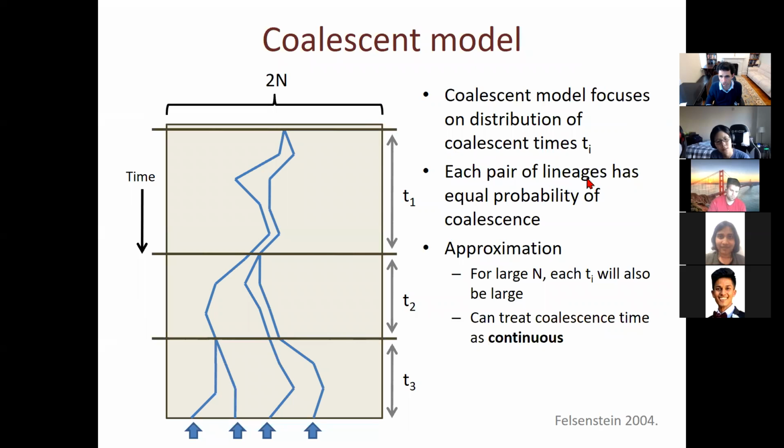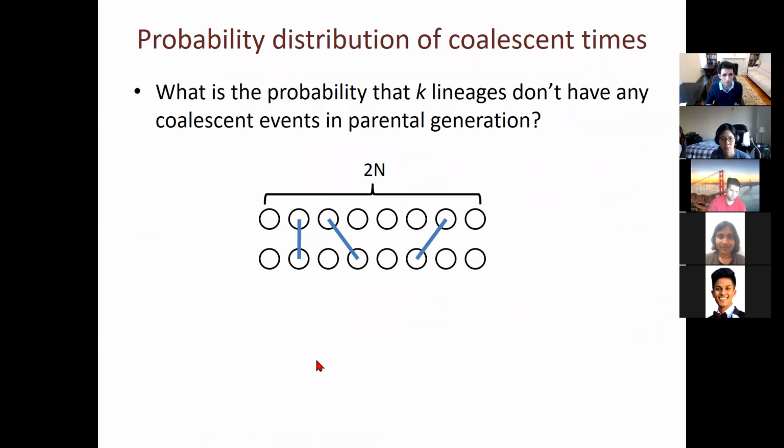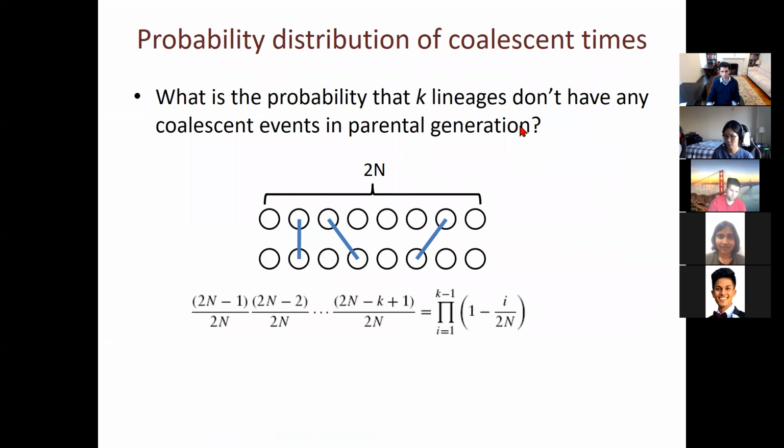And every pair of lineages has equal probability of coalescence. We can approximate that for large N, every Ti will also be large, and we can treat the coalescence time as a continuous variable rather than a discrete number of generation events. So now we can ask, what is the probability that K lineages don't have any coalescent events in the parental generation?